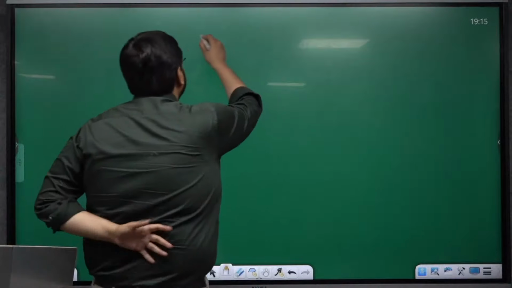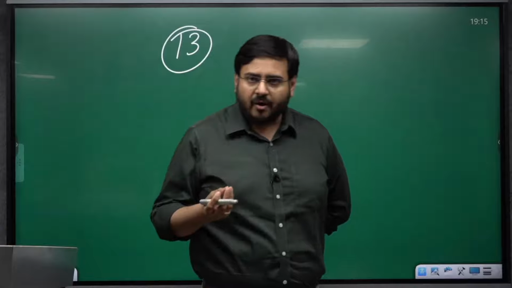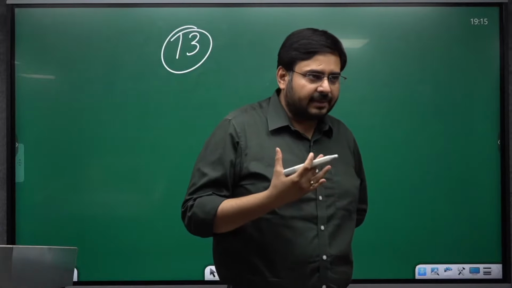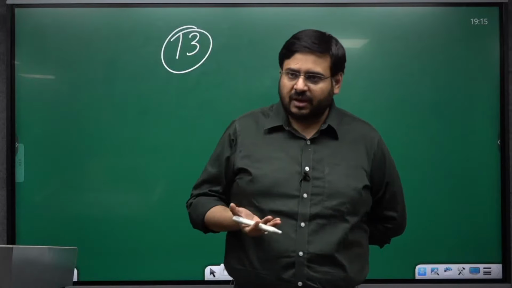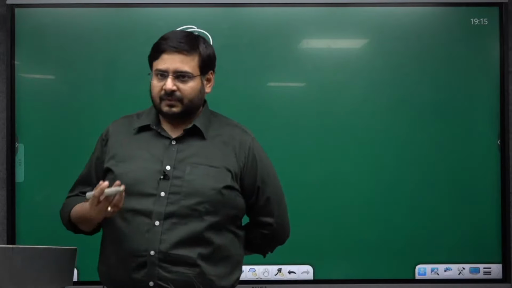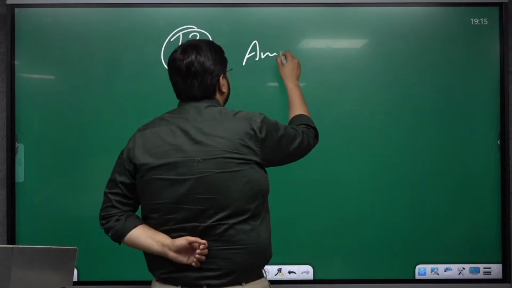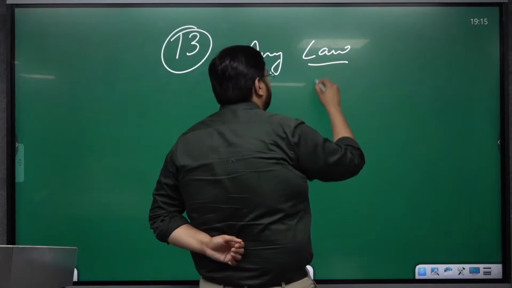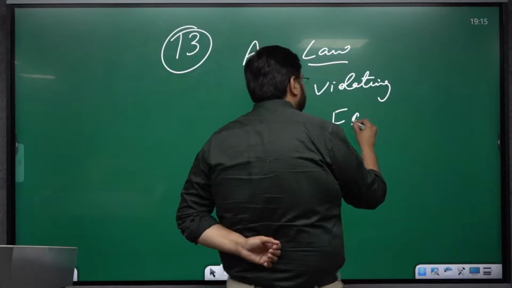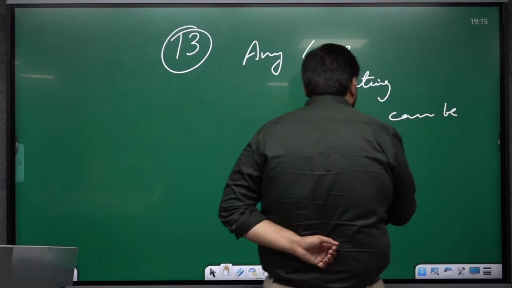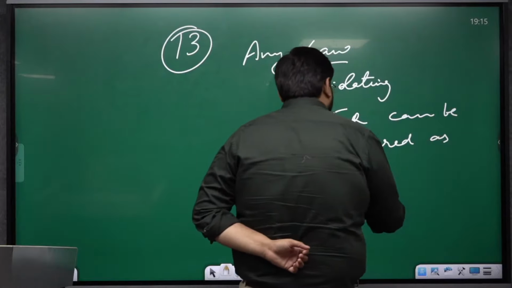So Article 13 simply says what I just said, that any law, if it is violating your fundamental right, that law can be declared as null and void by the courts of the land. Right? So here we are confused that any law violating fundamental rights can be declared as null and void.